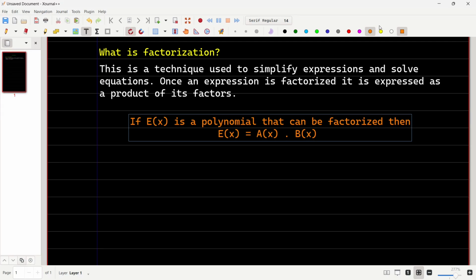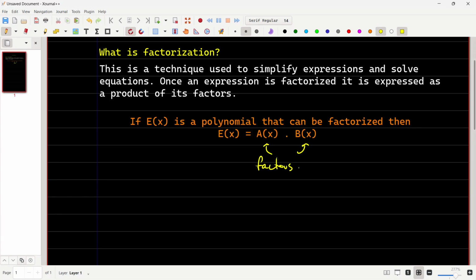Alright, now a of x and b of x are just simply factors of e of x. So you say that these here are factors of e of x. Right?